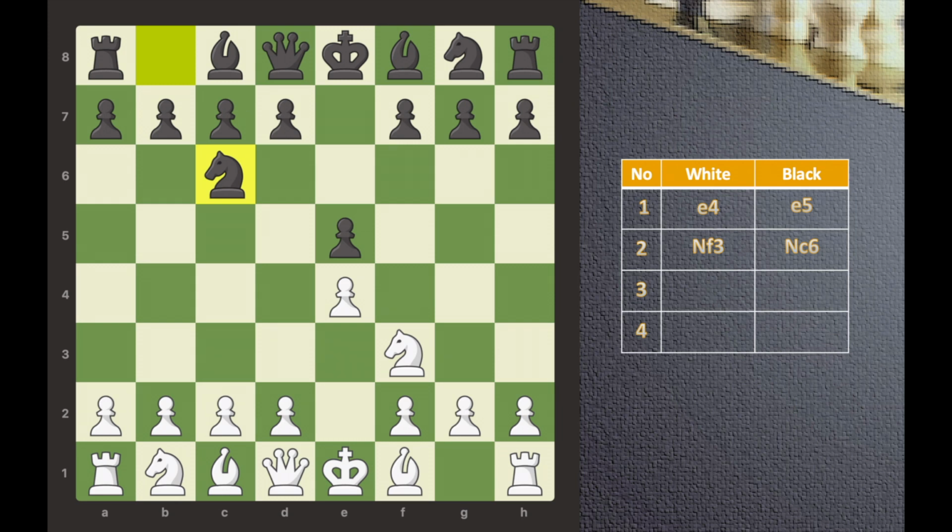Now move number 3. Let's say white brings out the bishop to b5. That's Bb5. You can notice here capital B is used for bishop and lowercase for the square name. Black plays the third move, a6.